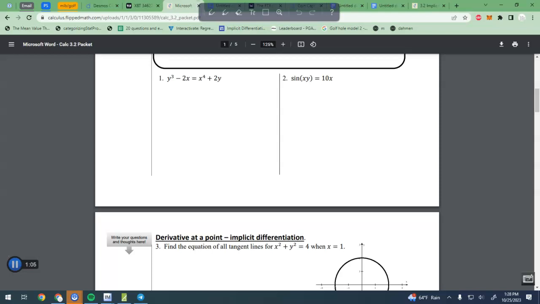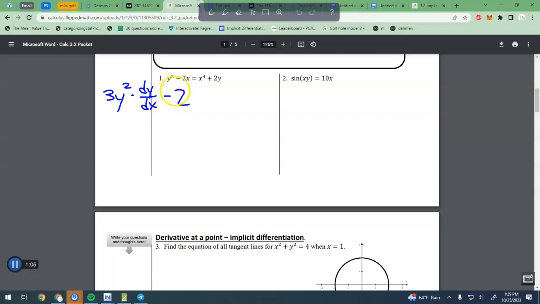Like the derivative of y to the third is 3y squared, and I took the derivative of a y, so I multiply by dy/dx. Again, I don't know what y is. Theoretically, y can be solved for, and it's in there. So when I take the derivative of the y, it's really just chain rule that's making this dy/dx up here. You don't need to fully understand that through the problems, but try it.